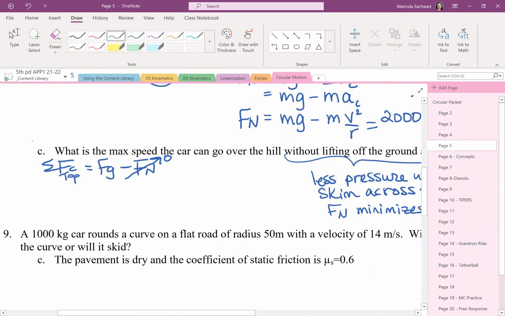And so Fnet C, just like last time, is ma, and then centripetal acceleration, V squared over R. To save a little room, I went straight for it, equals Fg, which is again mg. And if normal force zeroes out, what do you notice happens?